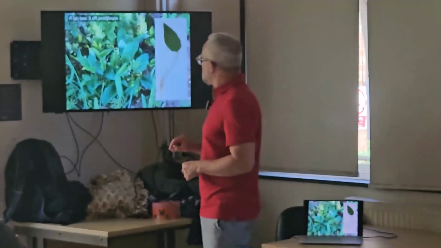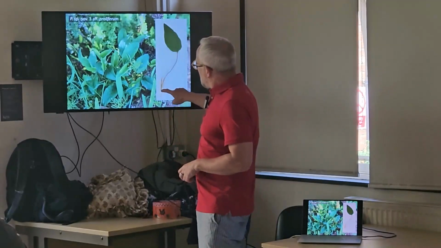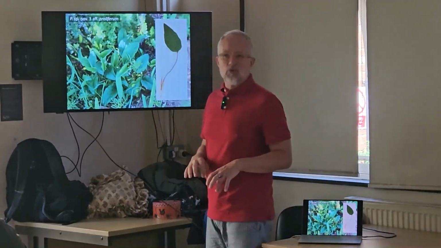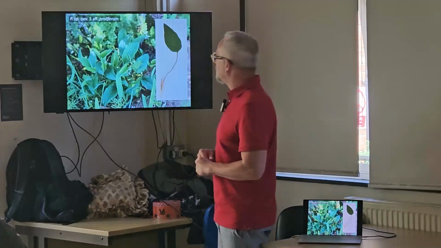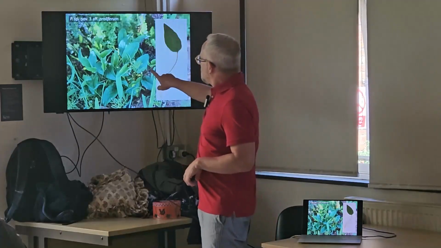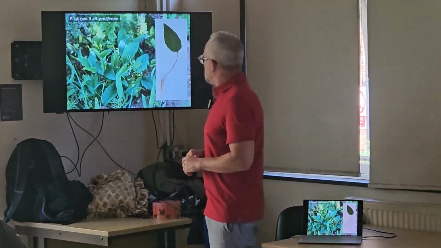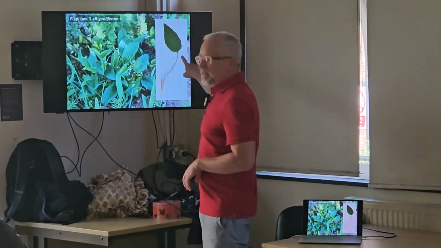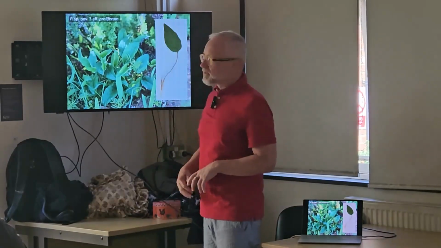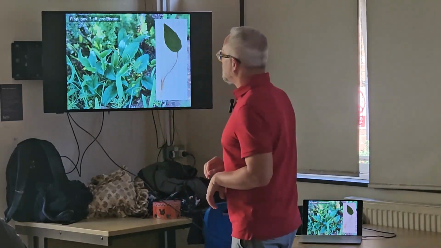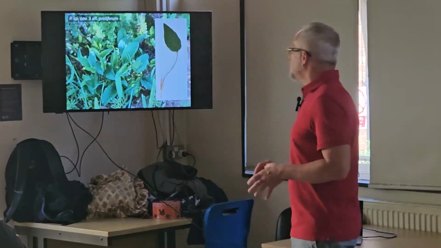But what's really interesting is that it has very, very long and papery stipules, and that is not a typical character for Pelargonium proliferum. The leaves are mostly entire, although some leaves tend to be lobed as well. And as you can see, the petioles are not bent, as we've seen in Pelargonium reani. So this tends to be a little bit different when we look at the leaf shape.